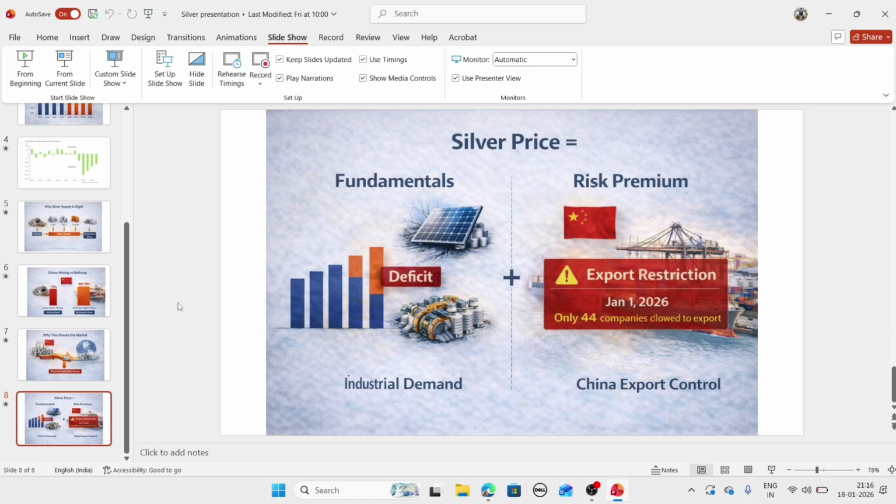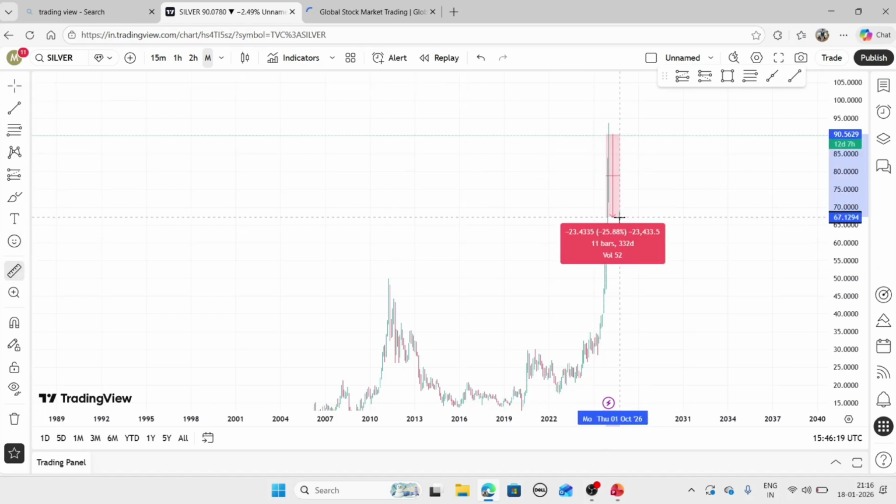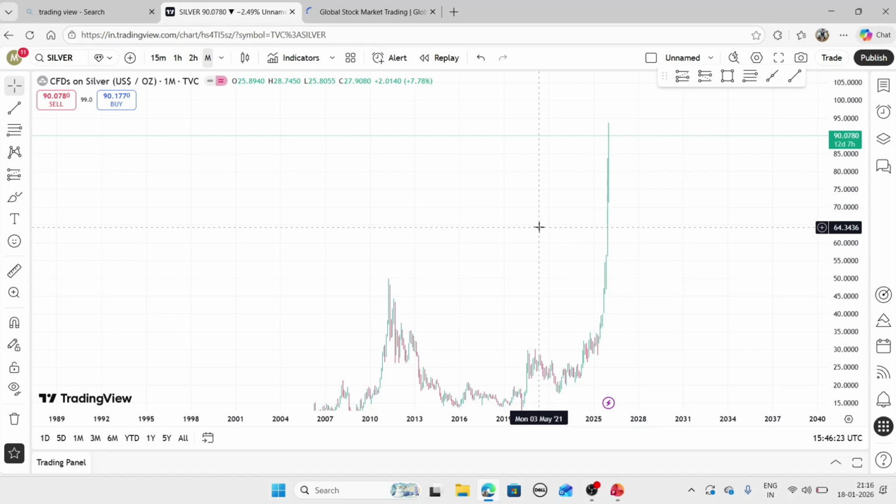The base case range by 2031 will be around $60 per ounce to $100 per ounce. So from today's price it can go up at a premium of around $10 more, and it can go down to $60 per ounce.